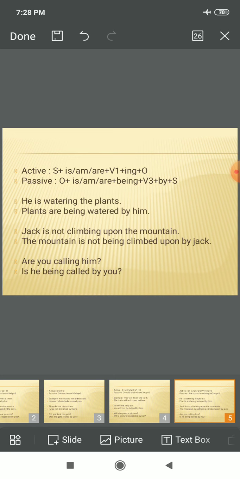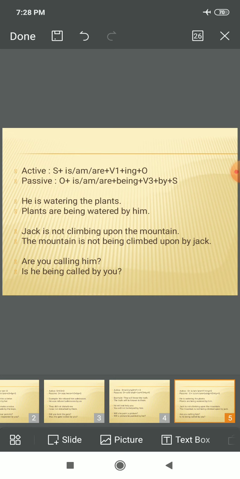Right? Next is, Jack is not climbing upon the mountain. Negative sentence. The mountain will come in the beginning. The mountain is not. Climbing means climb is the first form of verb plus ing is there. So climb will become climbed in the passive voice and ing would change into being.